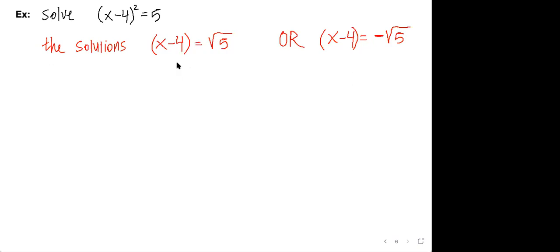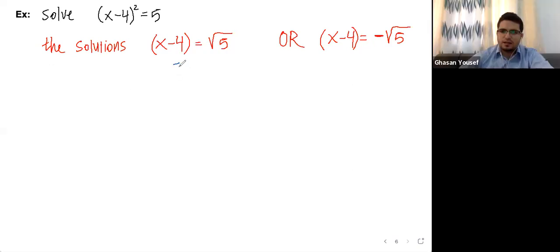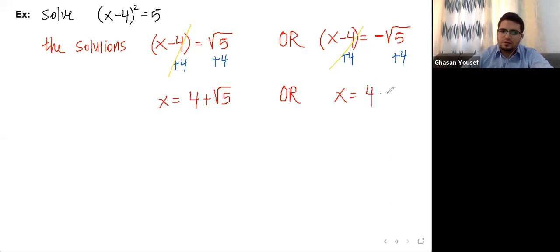We should add the 4 on both sides. Exactly. We add 4 here and here. Now the minus 4 and plus 4 cancel each other, and the same thing here. So the final answer is x equals 4 plus square root of 5, or x equals 4 minus square root of 5. Done.